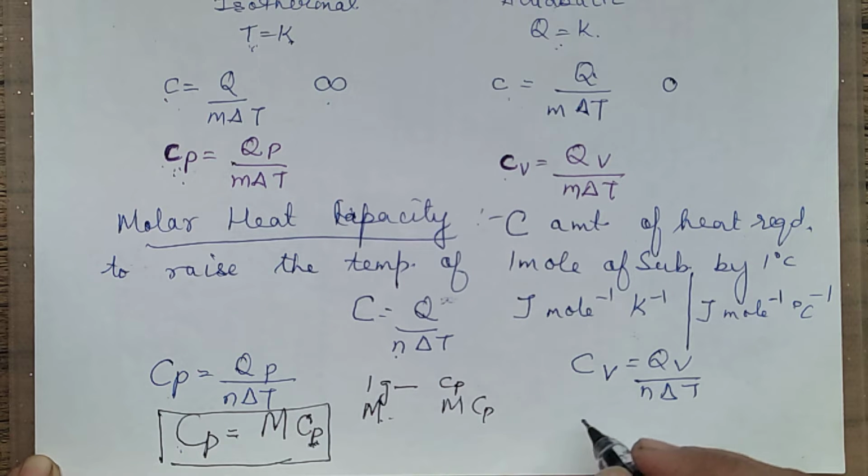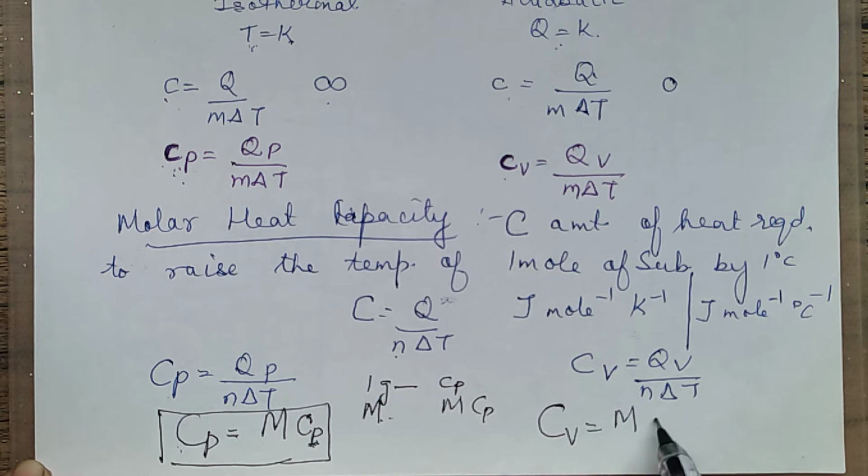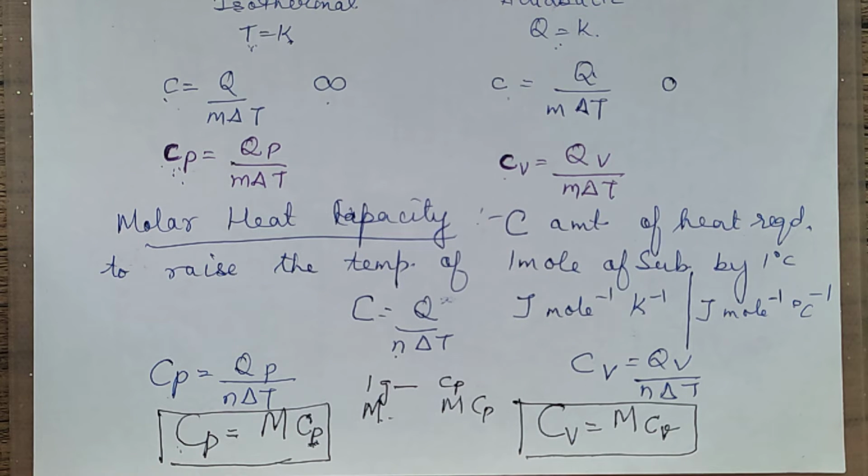If we are writing it in terms of volume, the molar heat capacity measured at constant volume is equal to the molecular mass multiplied by the specific heat at constant volume. So these formulas you will also require in some questions.